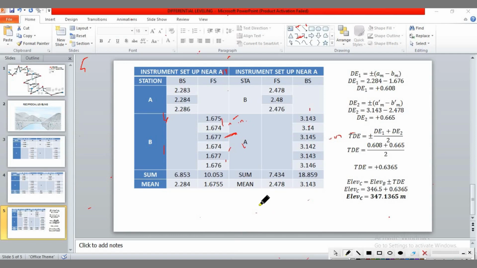Since positive, if this is point A, yung aking point B ay nandito, kasi mas mataas si point B compared to point A. So, ganyan yung ating itsura nung survey na to.